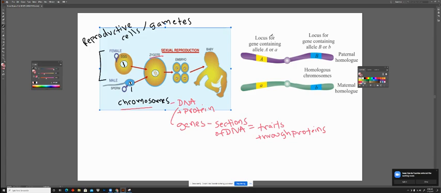These are called homologous chromosomes. Homologous. Homo refers to same. Chromosomes that are homologous are the same shape, the same length, the same size, and they contain genes for the same trait.